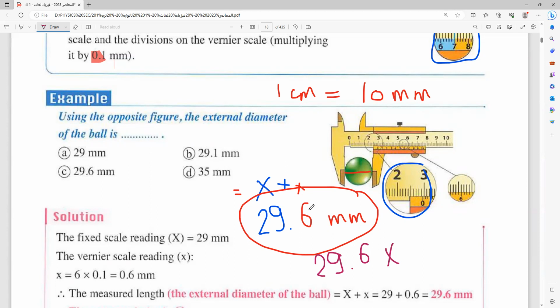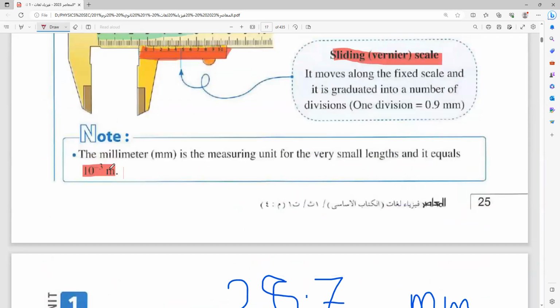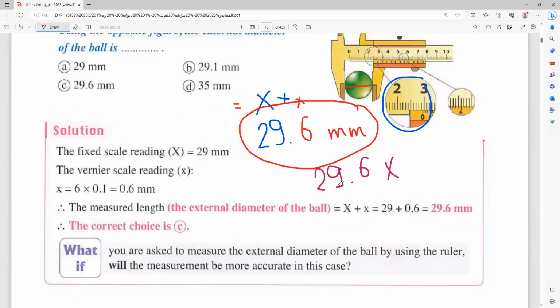Milli means 10 power negative 3, which means 10 power negative 3 of a meter. So 29.6 times 10 power negative 3. If you want to convert it into meter, you must know how to convert from a smaller unit to a bigger one and vice versa. Okay, it is very important.